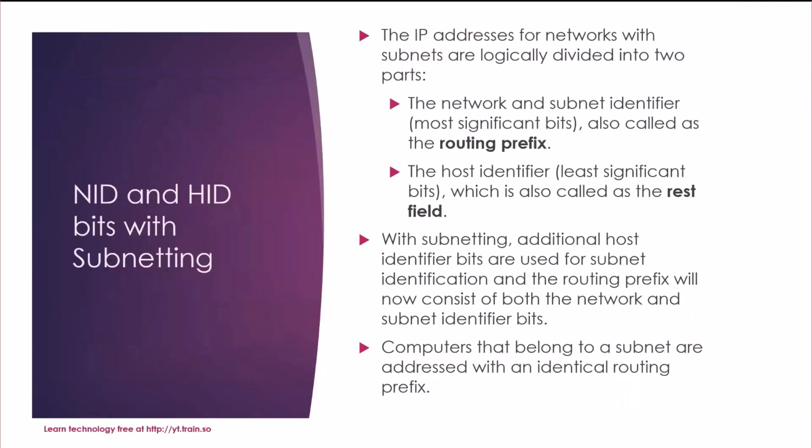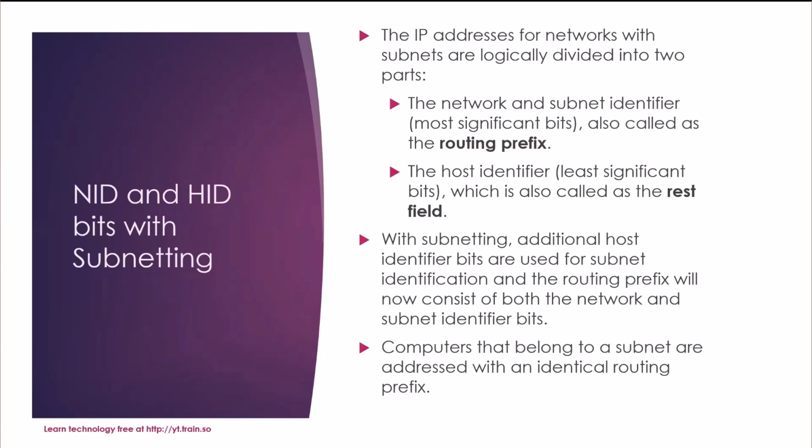What happens to NAD and HID bits with subnetting? The IP addresses for networks with subnets are logically divided into 2 parts: the network and subnet identifier, also called the routing prefix, and the host identifier, the least significant bits, also called the rest field. With the virtual networks, you may have n fields to identify the virtual network. You may add some more fields to identify the subnet.